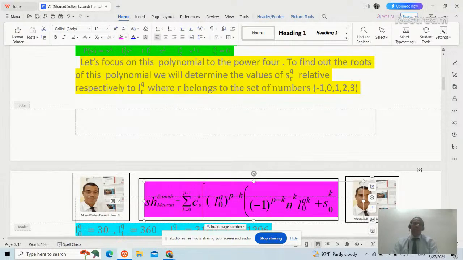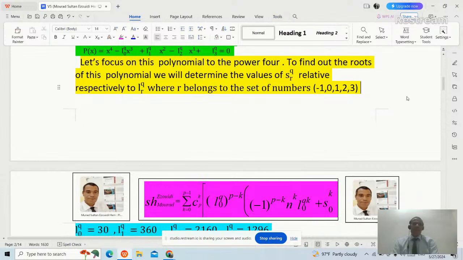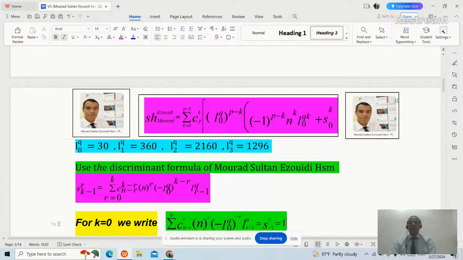Therefore, we start. Learners, the coefficients of my polynomial raised to the power 4 are 30, 360, 2160, and 1296.